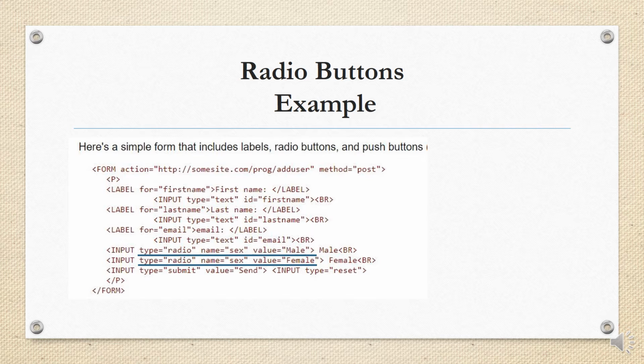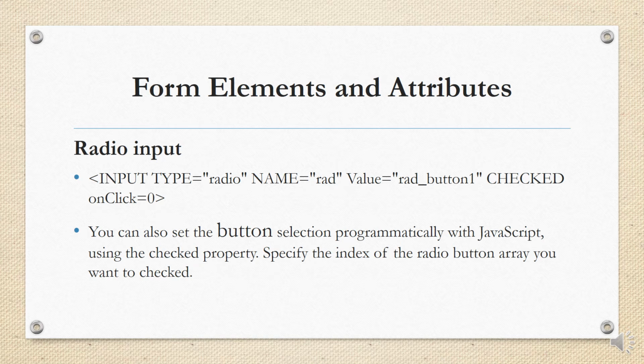Here is a radio type input, and you have to select from the same name of the form element, but different values, like male or female. We just have to include the checked and the onclick, and that will set it up.